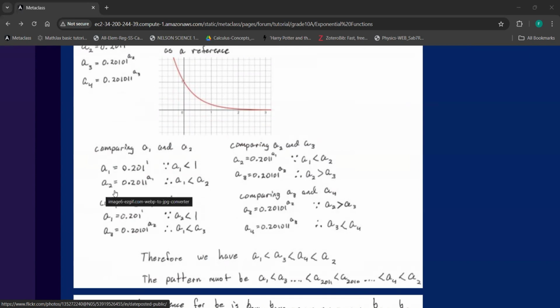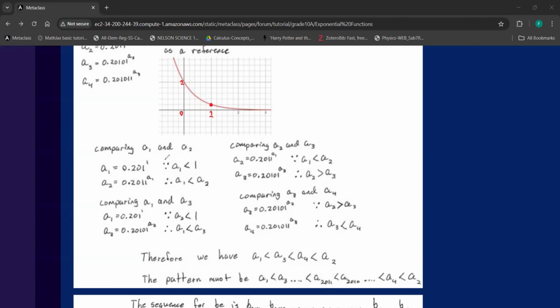And then A2 is going to be equal to 0.2 to the power of A1. And remember, A1 is equal to 0.201. And so 0.1, where is that? That's going to be here, right? Because 1 is the x coordinate. This is the x value here. This is 1, and then 0, and this is the y-intercept here.